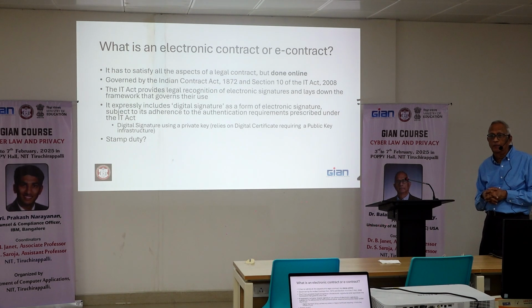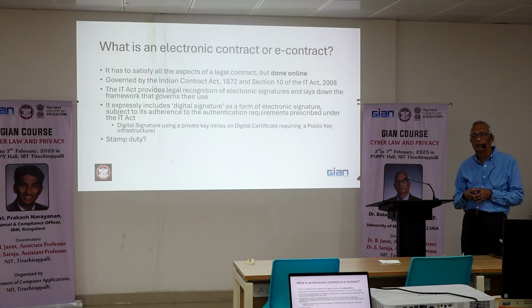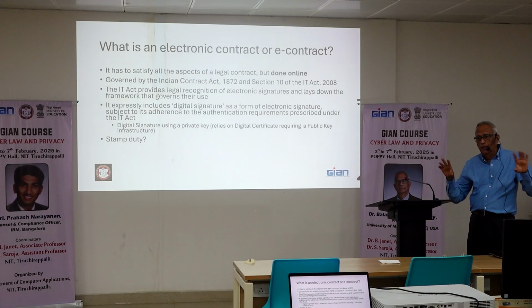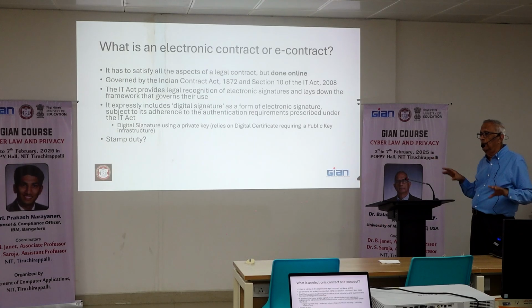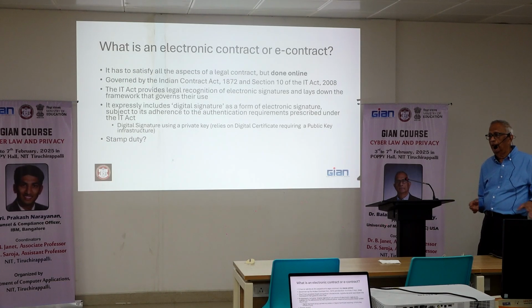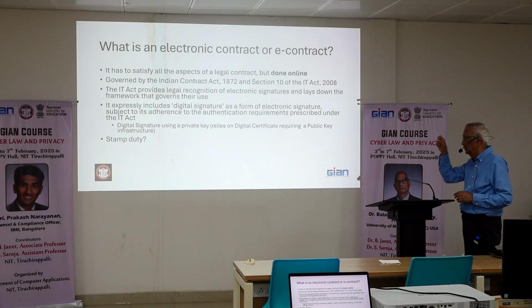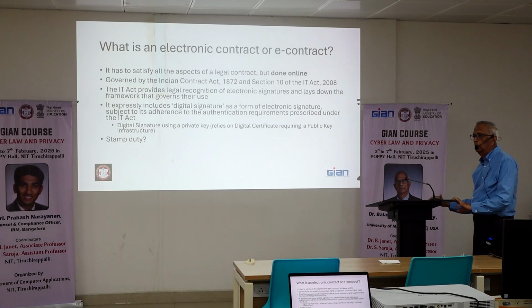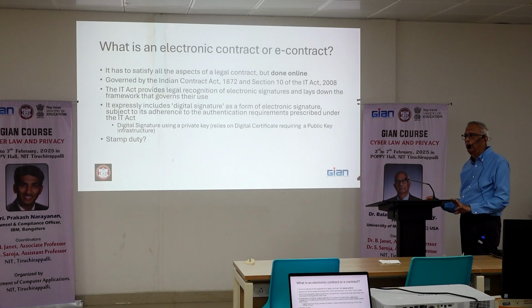How do you pay the stamp duty when you do everything electronically? Although it has been in existence for more than 15 years, what is the role of stamp duty in making something legal, or does it not matter? That's why I put the question mark: do you need a stamp duty to make a contract legal?